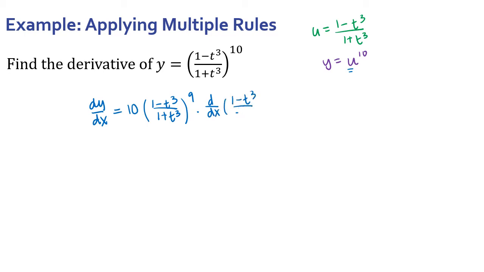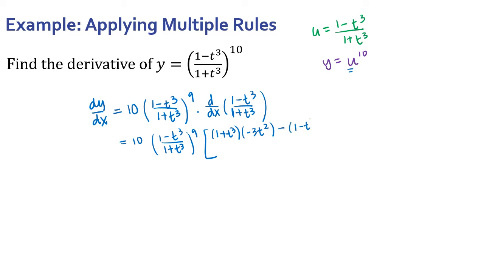So at this point, to find that derivative of the inside function, I'm going to have to use the quotient rule. So that's going to give me 10 times 1 minus t cubed over 1 plus t cubed to the 9th times, all right, so quotient rule, we've got the denominator, so 1 minus t cubed times the derivative of the numerator, which is negative 3t squared, minus the numerator times the derivative of the denominator.